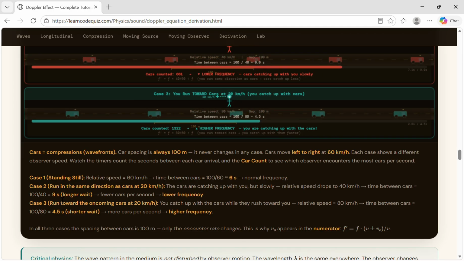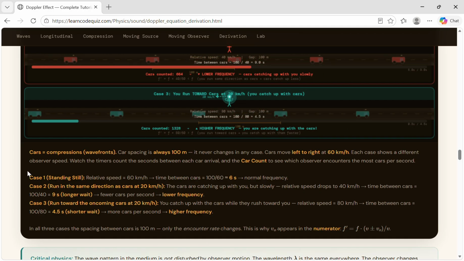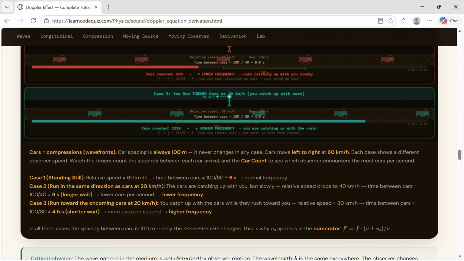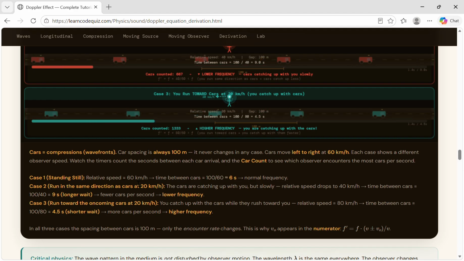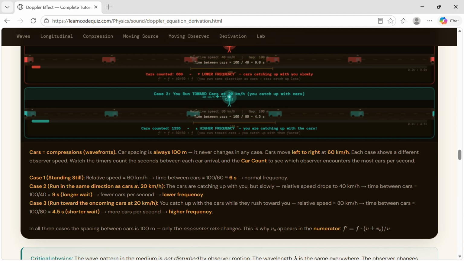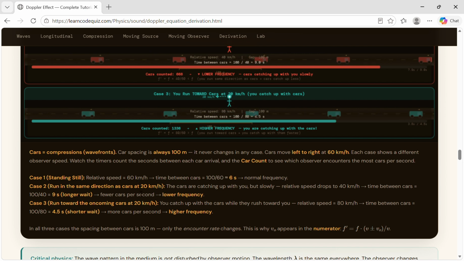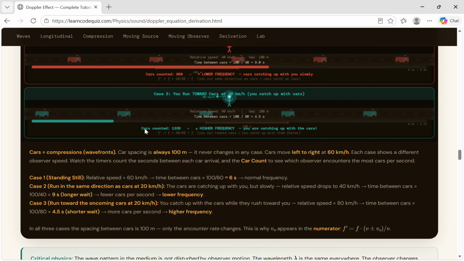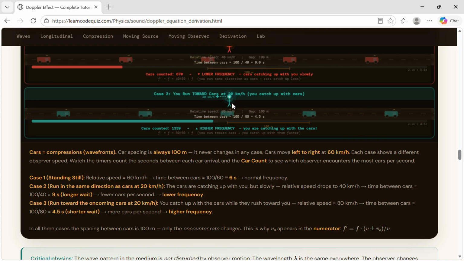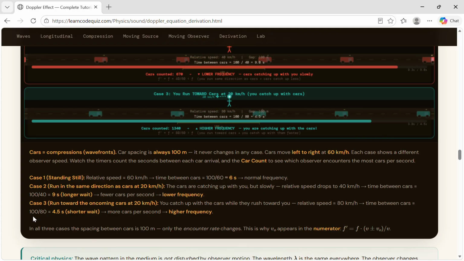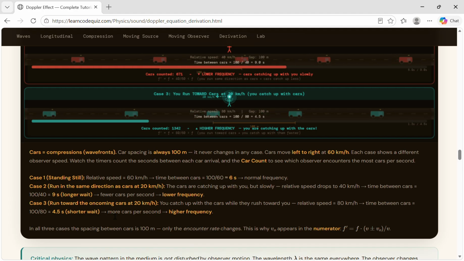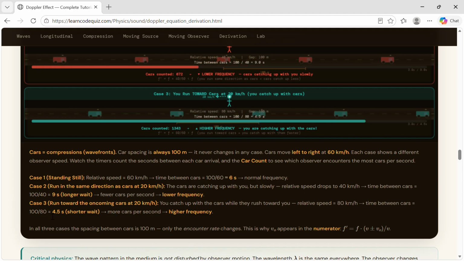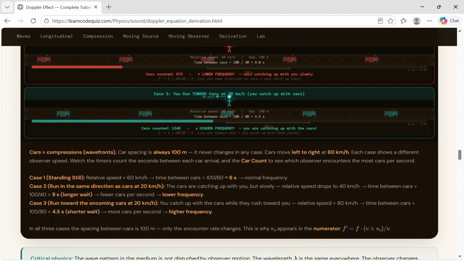So as you can see, the relative velocity is going to matter. What changed here? The cars move at 60 km per hour, and if you are moving at a speed of 20 km per hour in the other direction, so in case 3 it is 60 plus 20, 80 km per hour, you are moving.